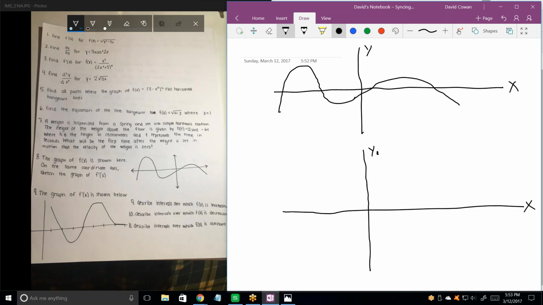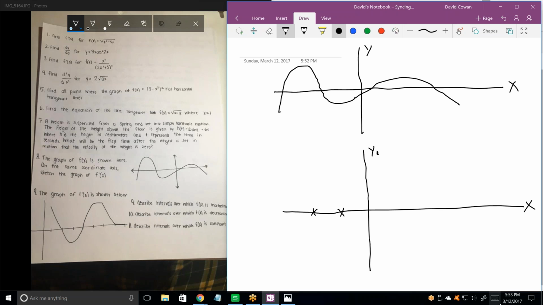Tell me what y prime's equal to right there. 0. Okay, so I know it crosses, that's one of its zeros. How about right there? Also 0. Okay, that's another place where we know y prime has to be 0.